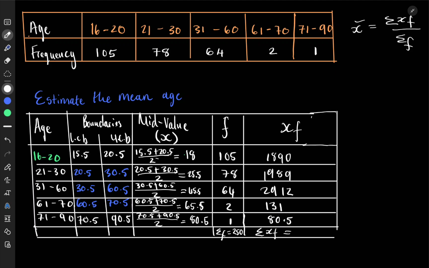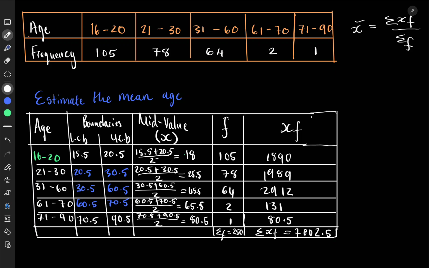Then we're going to add that now to say 1890 plus 1989 plus 2912 plus 131 plus 80.5. What would we get? We would get 7,002.5.